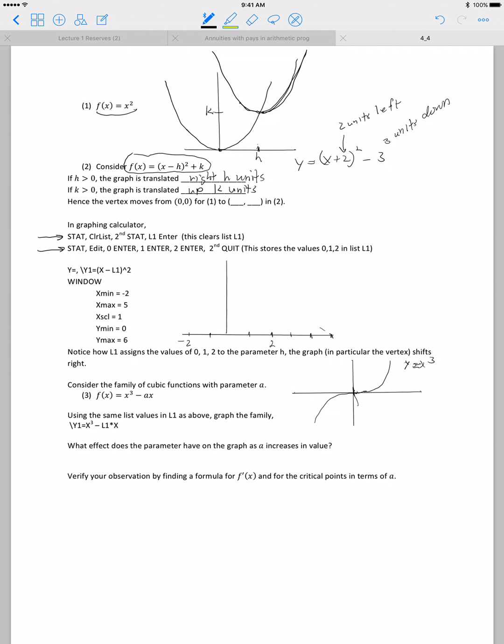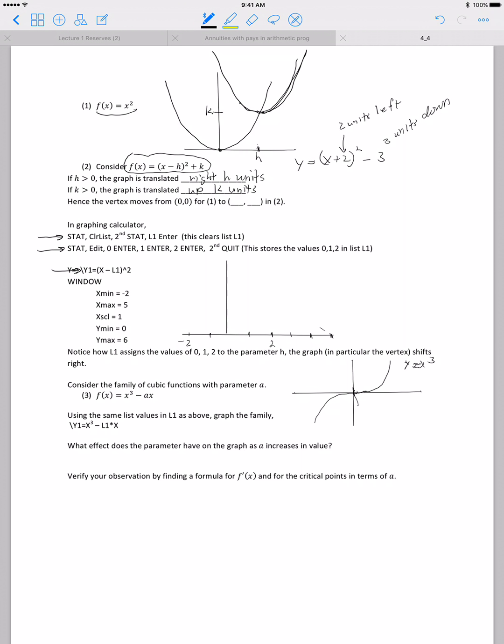So if you need to pause this video and do that, go ahead and pause and do that. And while you're doing it, go to your y equals, and in for y1, type in open parentheses x minus, and then go to your list, second stat, which is your list menu, and select L1 again.